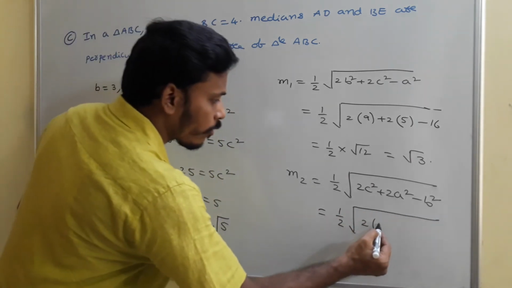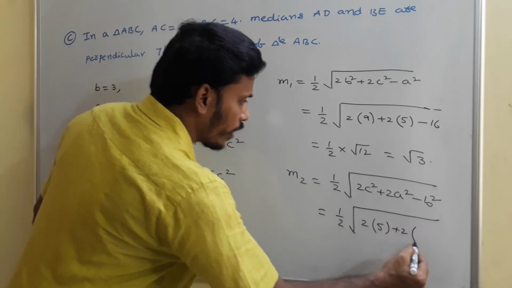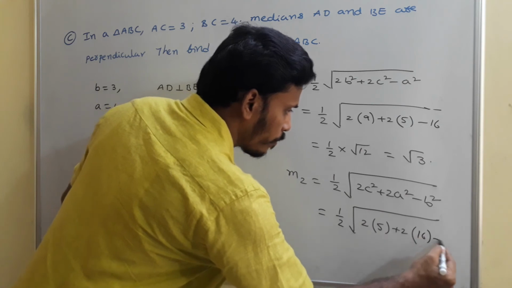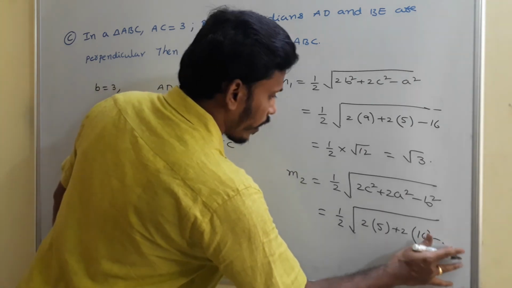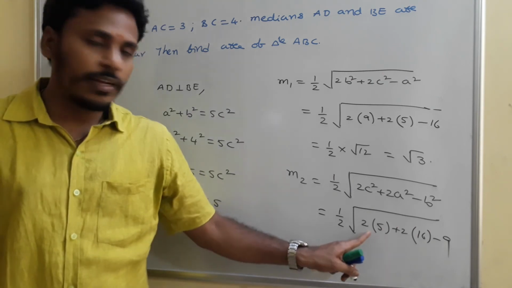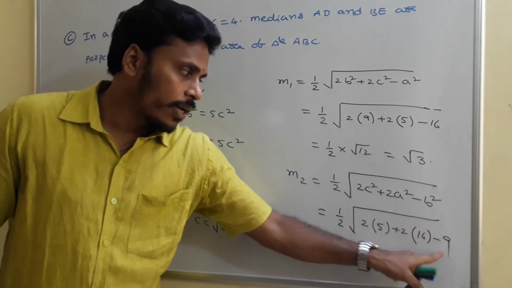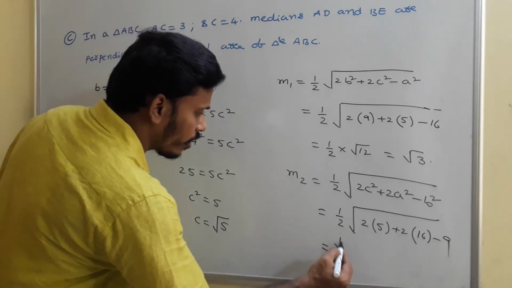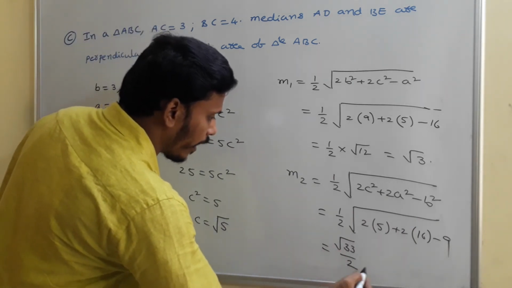C square means 5, plus 2 into a square. A square means how much? 16, minus b square is 3 square, 9. Just try to simplify it. 5 into 2 is 10, 10 minus 9 is 1, and then 32 plus 1 is 33. So this m2 value is root 33 by 2.